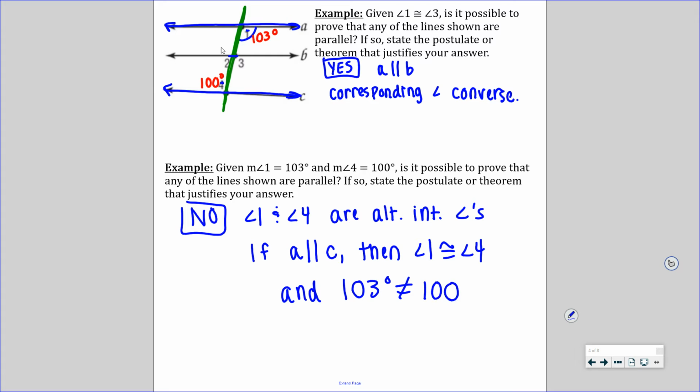And they are not congruent. Something like that would be a good explanation to have in your notes to look back at, to explain why we cannot justify that those are parallel. Cannot conclude would be a better word.